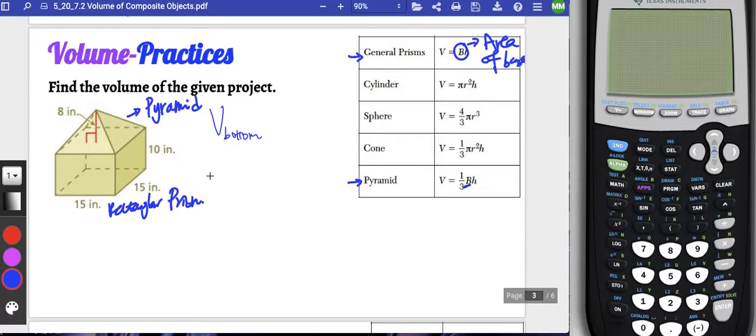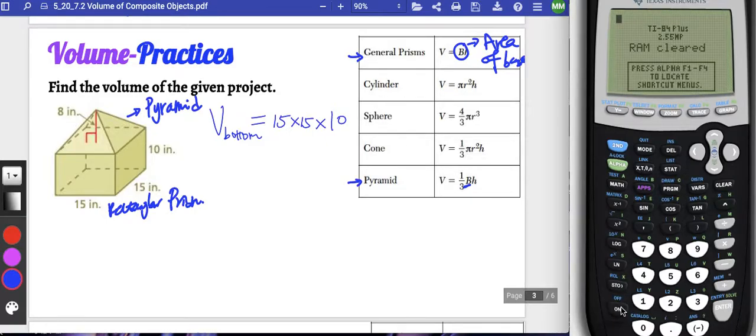We know this is a rectangular prism, and the base area in this case is a square because it's 15 inches by 15 inches. So it's length times width times height. It's going to be 15 times 15 times 10. And all the units are the same, so no conversion is needed.